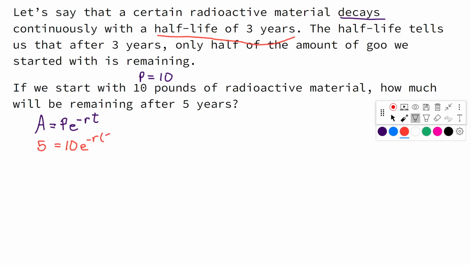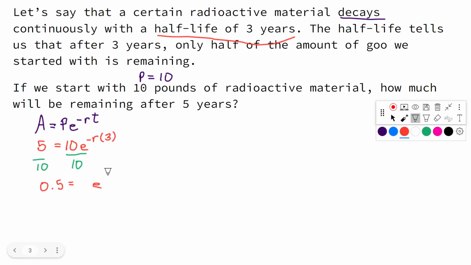So negative r times 3. Just as I did in the previous problem, I want to divide both sides by 10 so that I can get the power of e isolated. And when we do this, 5 divided by 10 should give us 0.5, that we only have half of it left.